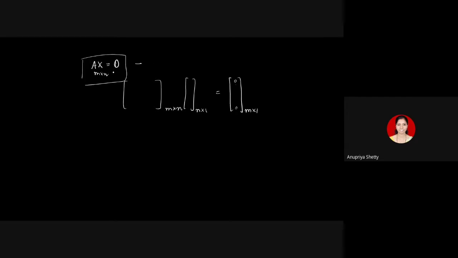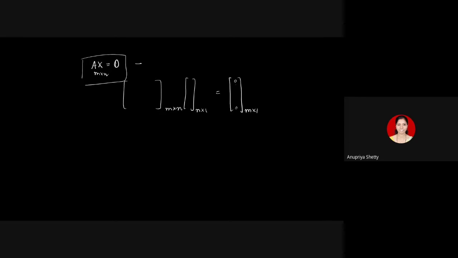And when this system is given, can somebody immediately give me one solution which always satisfies this? Whatever the matrix A is. This system of homogeneous equations always has a solution. Which is that?